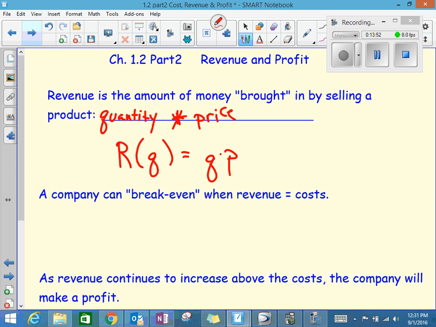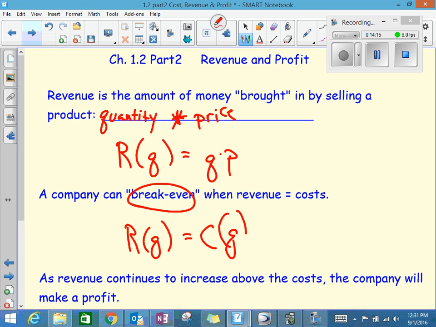Okay, so we're talking about break even. So when a company breaks even, they want their revenue to equal their cost, right? They want the money they had to spend to make those products to equal how much money they're bringing in from those products, okay? So when we think about the cost equation we just looked at, break even is when the revenue equals the cost.